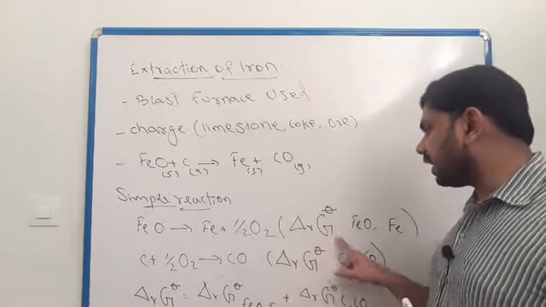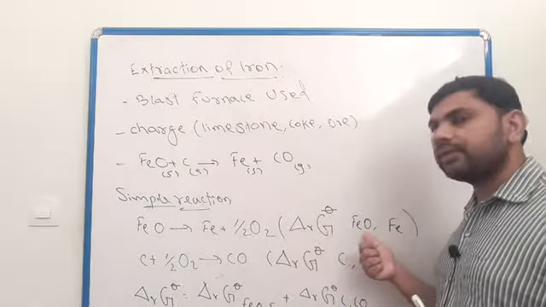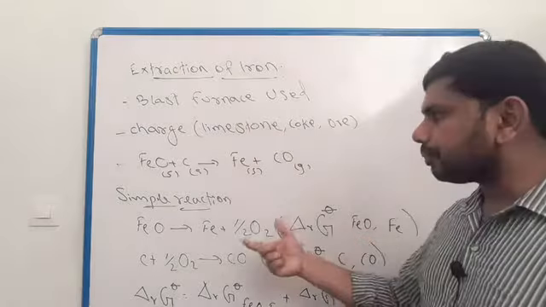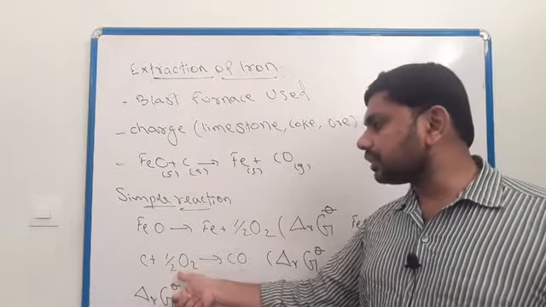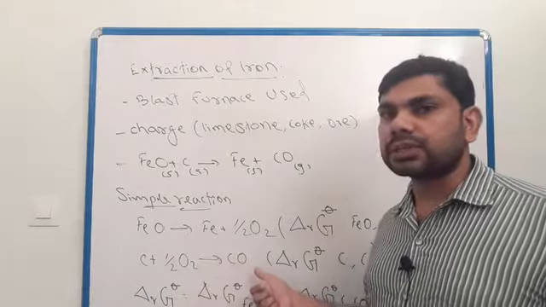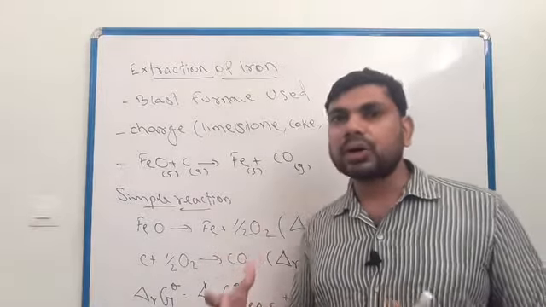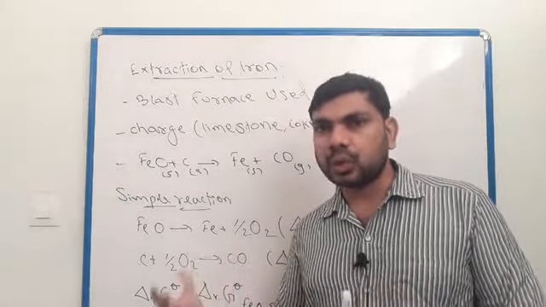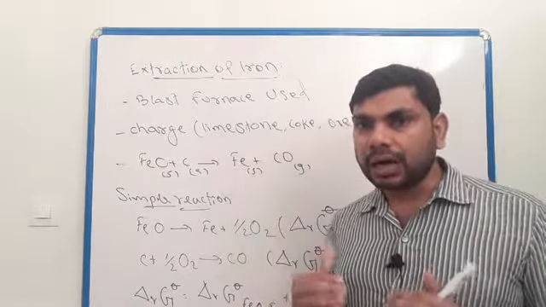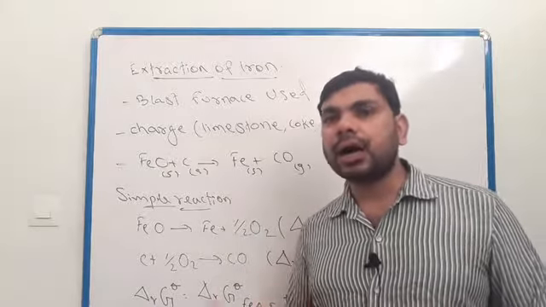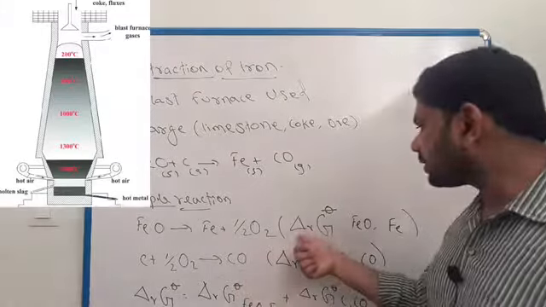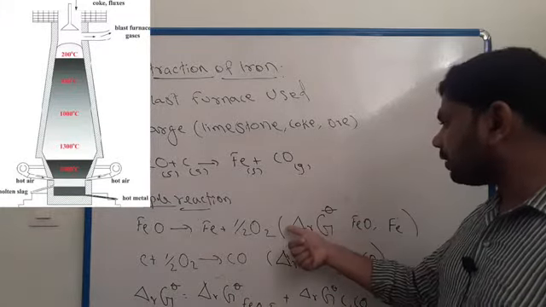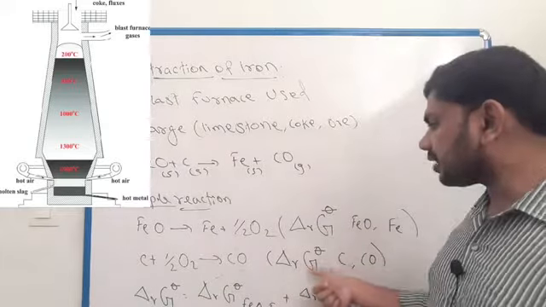And this is the free energy change of this chemical reaction. Second step, here carbon reacts with oxygen to form carbon monoxide. First step, iron oxide changes to iron and oxygen. Second step, carbon reacts with oxygen to form carbon monoxide, and these are the free energy changes for the first reaction and second reaction.